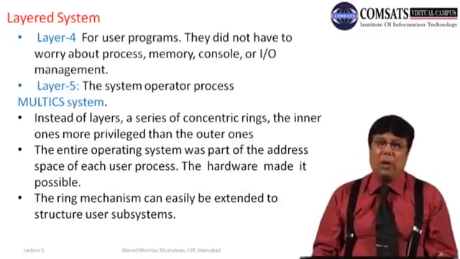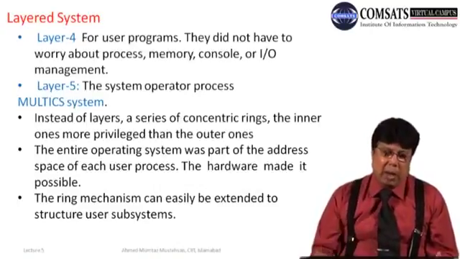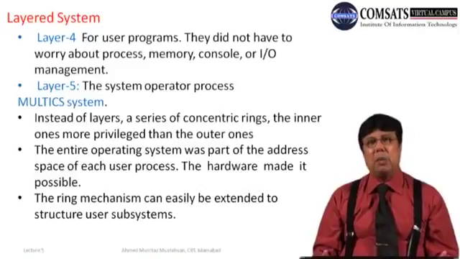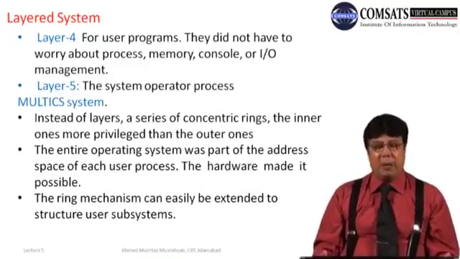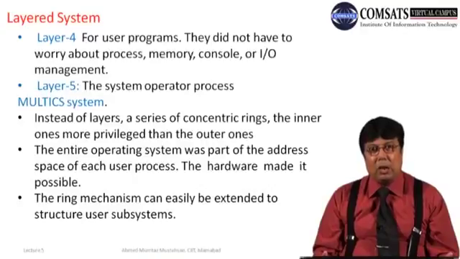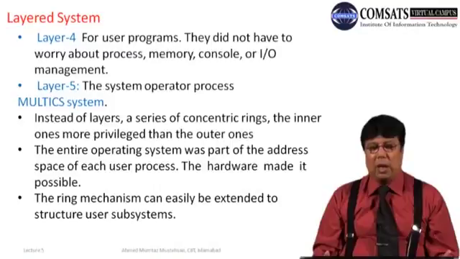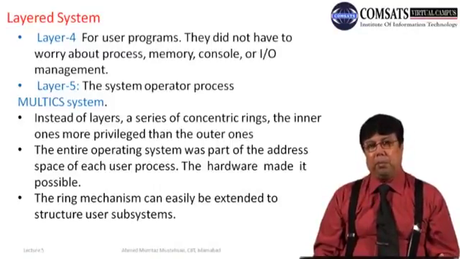So we can have concentric rings, one ring bigger than the other. Basically, this is the implementation of the layered system in the form of rings. Primarily, the entire operating system was a part of the address space of the user process. The hardware made it possible.